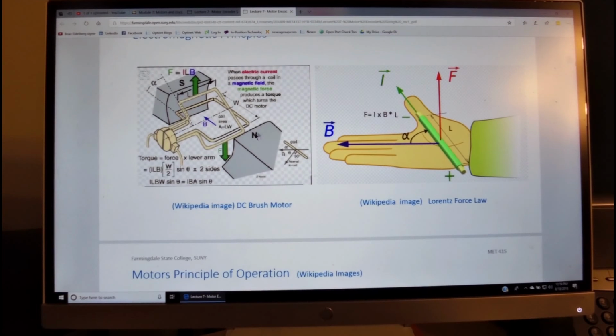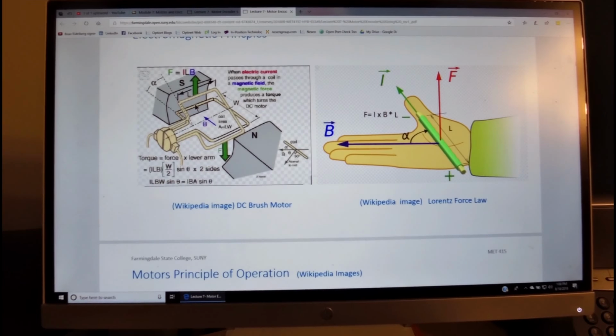Now, to apply this to motors, over here we have a brush type schematic diagram where the positive voltage is coming into this brush and the negative is coming to this brush, and the current is flowing through the conductor from the positive to the negative. According to the Lorentz force law, if we have current moving in this direction and flux going from the north pole of the magnet to the south pole in this direction, then the cross product will be in this direction. This is the force acting on this coil.